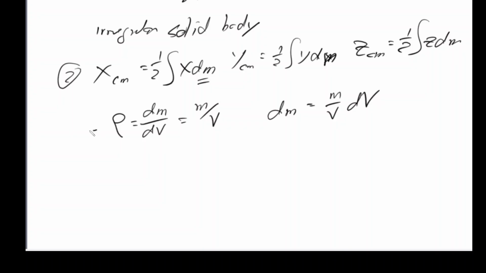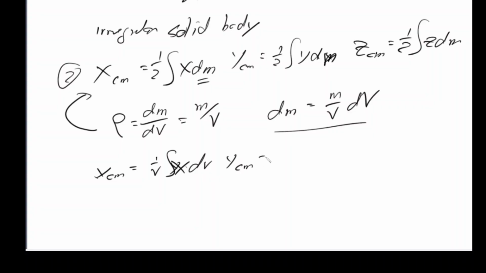If we put that into this equation, we then get xcm is equal to 1 over v, the integral of x dv. Y center of mass is equal to 1 over v, the integral of y dv. And z center of mass is equal to 1 over volume, the integral of z dv. So this is a way of finding the center of mass for an object that, although irregular, has the same density throughout.